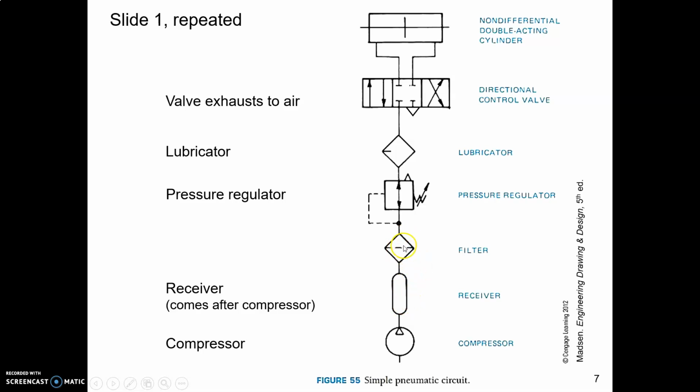You'll have a filter. Instead of the pressure relief valve, you'll have a pressure regulator. Here's how he's drawing it. You'll have a lubricator. Here's the symbol. And for your valve, it exhausts to the air instead of returning to tank. I took the liberty of adding one of those triangular exhaust symbols because I didn't like his draining outline. So there you are.